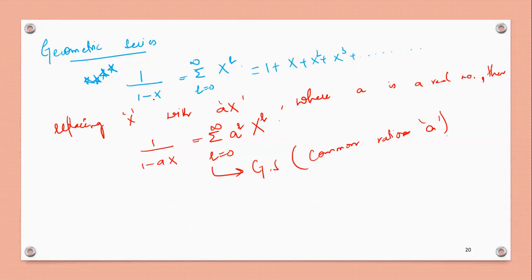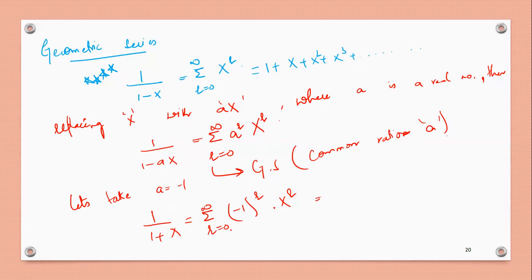Now, suppose instead of this a, I am taking a value as minus 1. Let's take a is equal to minus 1. So this will become minus of minus x, plus x. So let's write the formula now. 1 by 1 plus x is equal to sigma r is equal to 0 to infinity minus 1 power r into x power r.